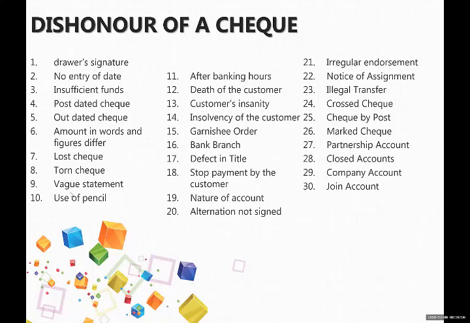Vague statement. When you have written any vague statement on the check, for example, there is a proper format of a check: pay, payee, then signature. If you have written any other statement on the check, which is considered a vague statement by the bank, it is not accepted. Similarly, if you write something on a currency note, you are not allowed to write anything on a currency note.